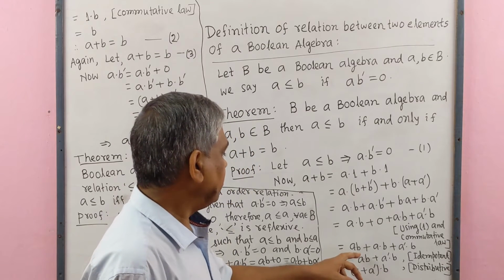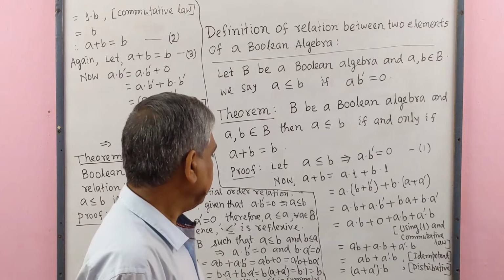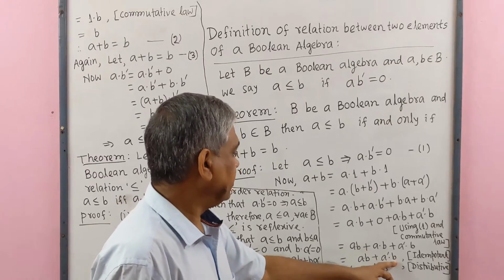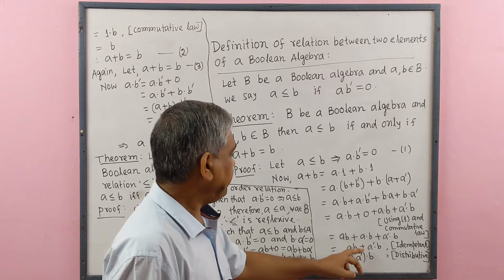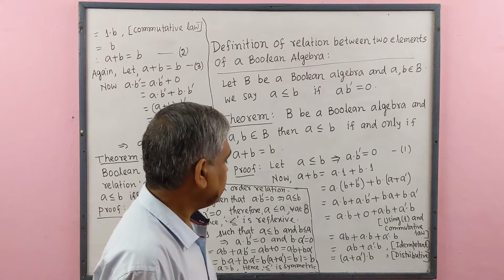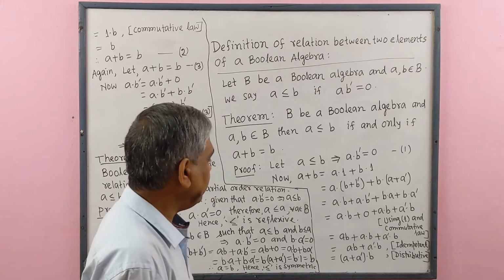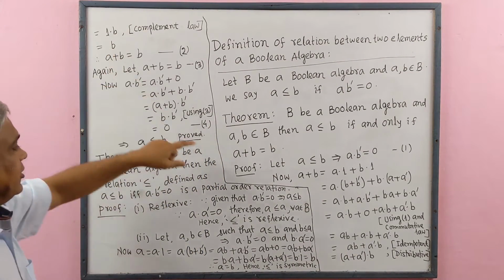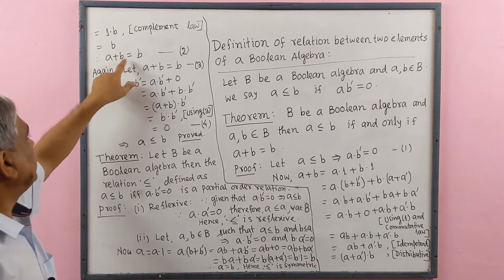By idempotent law, a dot b plus a dot b equals a dot b. Here we see dot b, here also dot b. So by distributive law we take a plus a prime under bracket dot b. Since a plus a prime by complement law equals 1, 1 dot b equals b. Therefore left side is a plus b, right side is b. Therefore a plus b equals b.